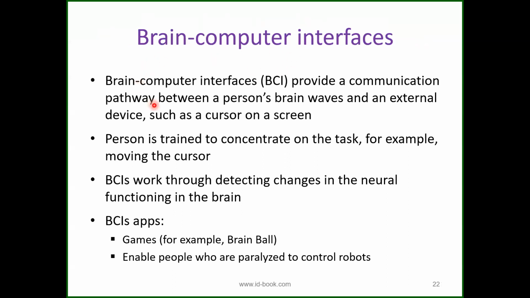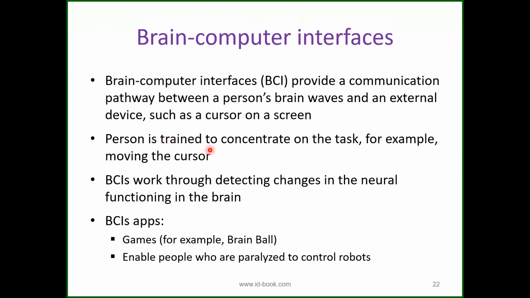Brain computer interface, also called BCI, provides communication between a person's brain waves and an external device. For example, if in my brain I am thinking of moving this cursor or changing the color of the text, the brain interface is designed in such a way that it understands my intention, my idea, and then tries to implement it with the device.